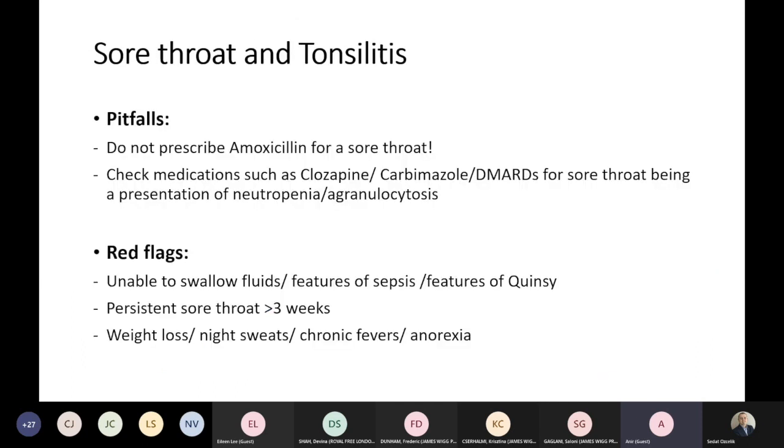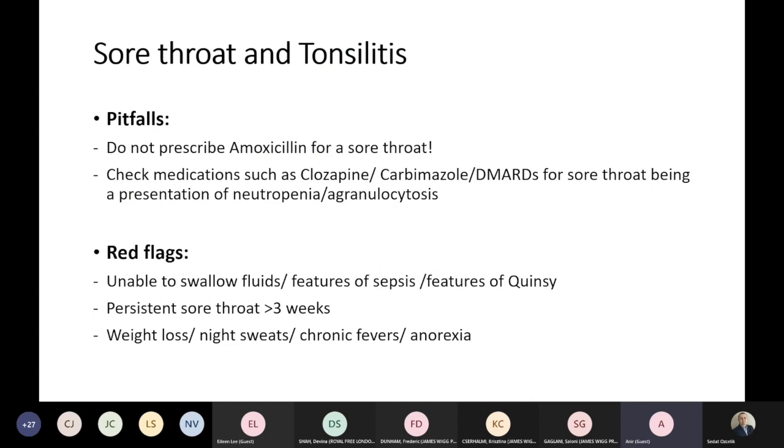Next slide, please. Right, so thinking about pitfalls, which I really wanted to think about in this presentation. We've already talked about medications and thinking broadly about putting a patient's sore throat in the context of any medications they might be on. It's important, and a classic exam question, to make sure you don't prescribe amoxicillin for a sore throat.